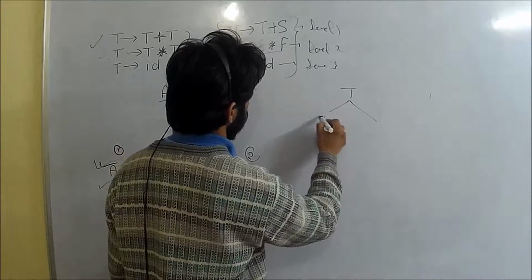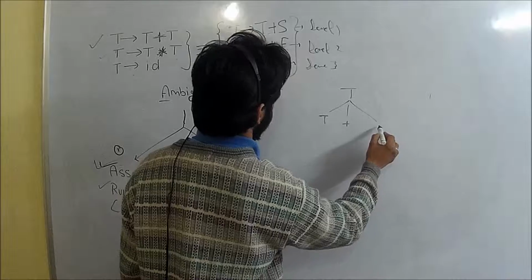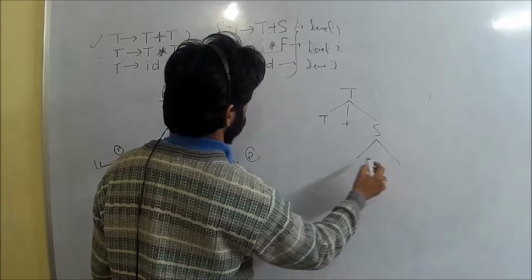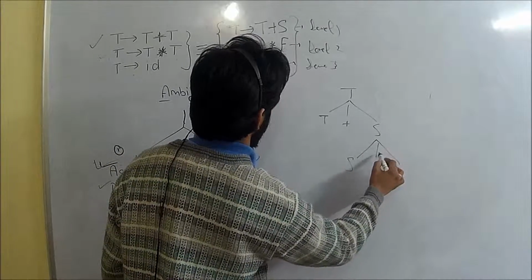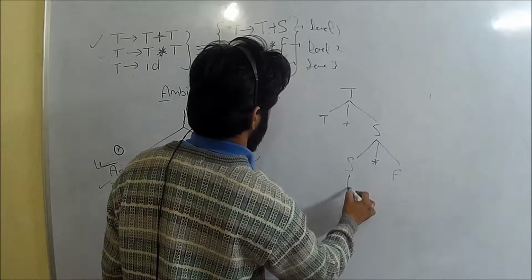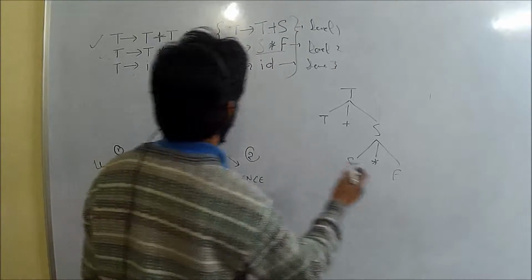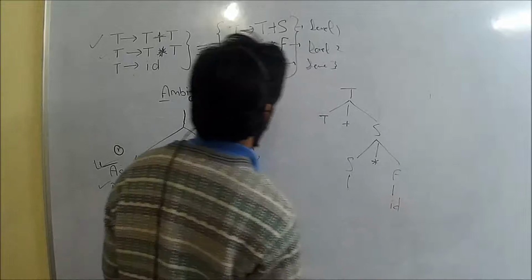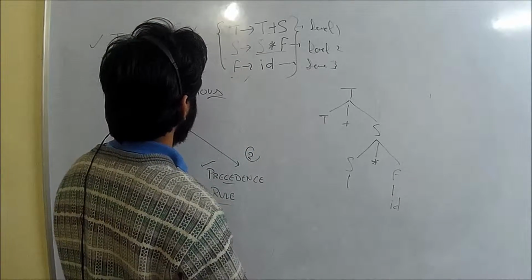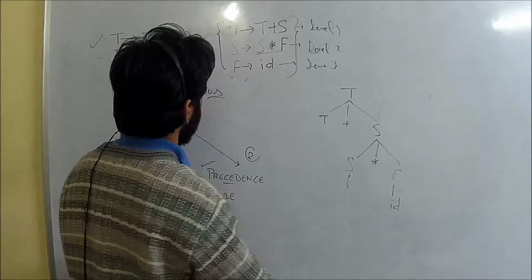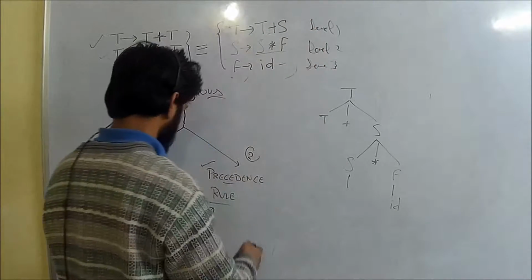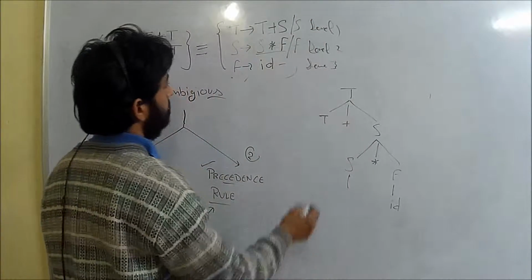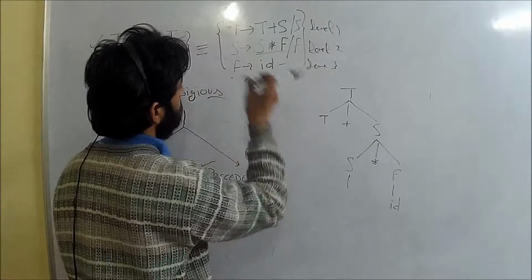The parse tree for this will be T plus S, and after that S and F, F derives ID, and here I have to add S and F for the completion.